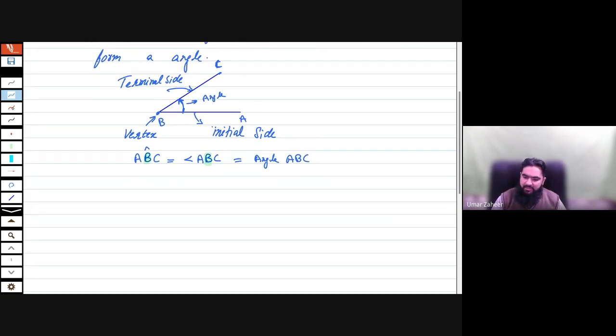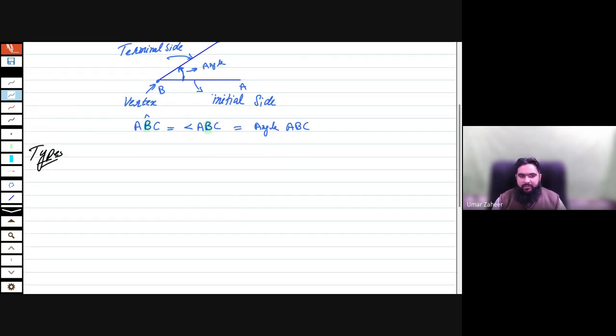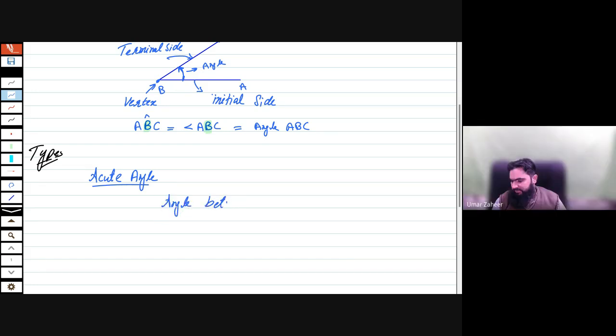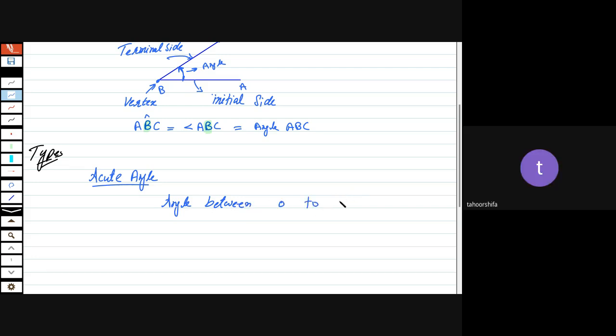Now we have different types of angles. The first one, we have done in trigonometry, is the acute angle. The acute angle is any angle smaller than 90 degrees.